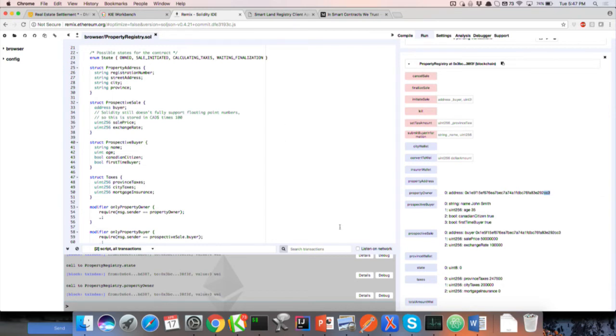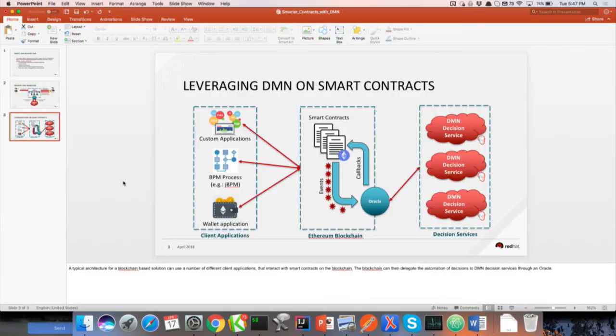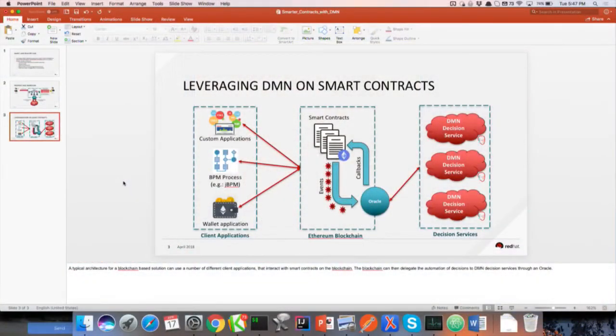There are a couple of notes that I would like to make about this presentation. The first one is, again, to emphasize how this complements what we were talking about this morning in BPM. So that flow that was actually hard-coded, simulated into the smart contract, doesn't need to be. That flow could be managed by an external BPM process, and that would be much easier for users to understand, right?